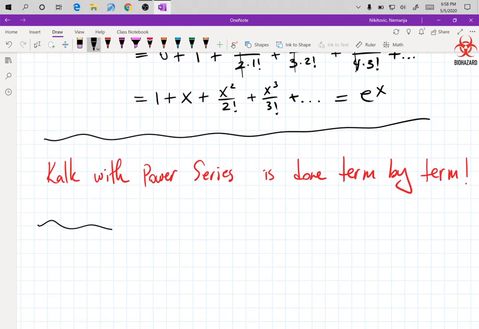Now, the last thing for this, and then we'll restart the stream for the exam review, is to talk a little bit about this business of centering power series so you can solve integrals and so on. A very important notion here.